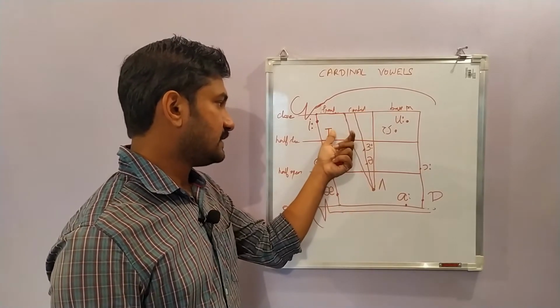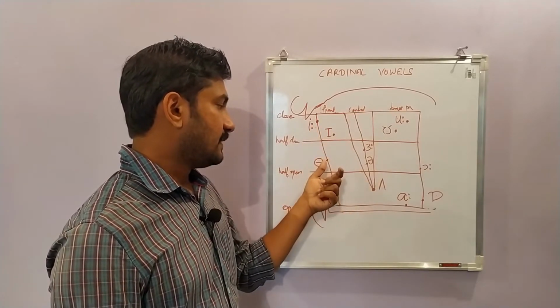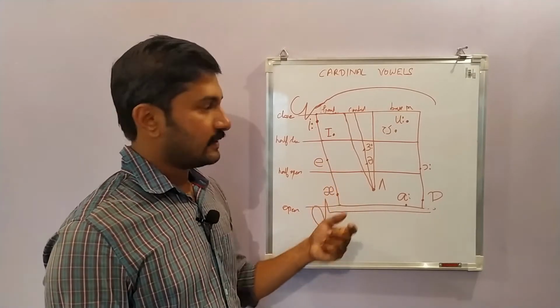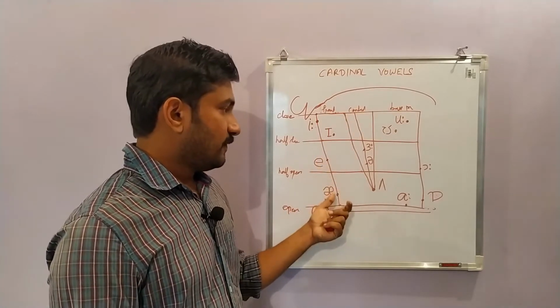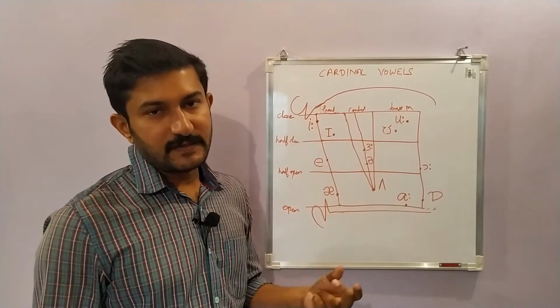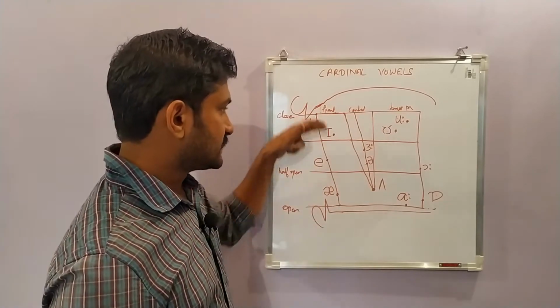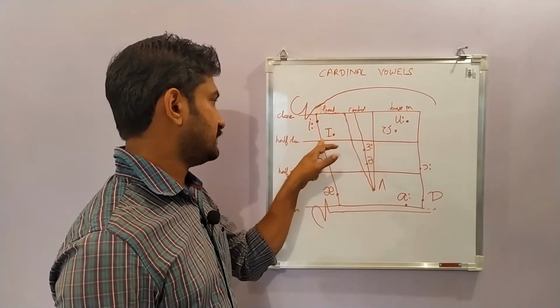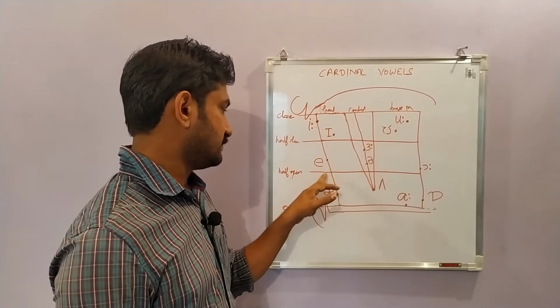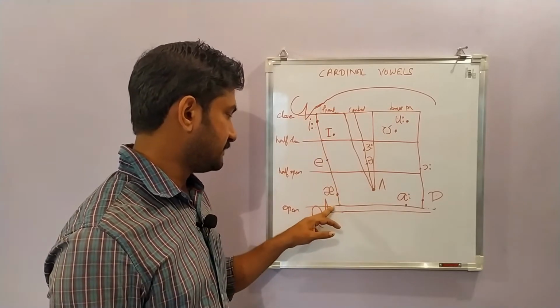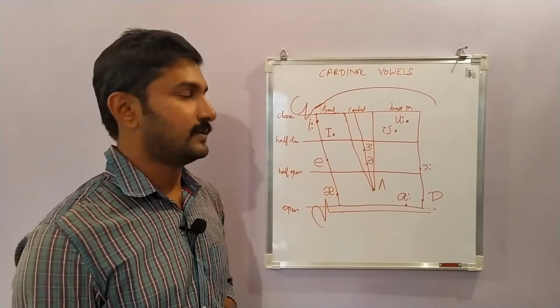So, E, A and A, these four sounds are articulated with the front part of the tongue, and the tongue assumes different positions: the close, between half close and close, between half open and half close, and between open and half open.